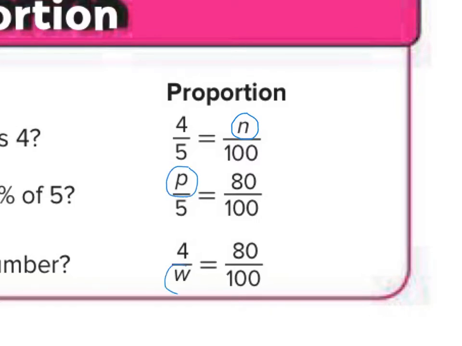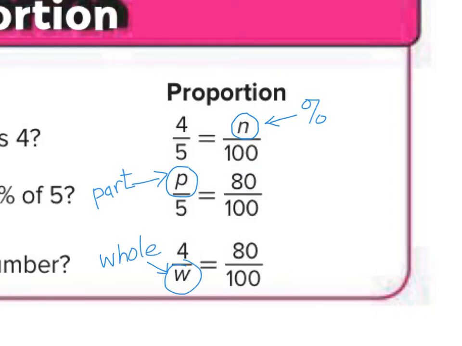So in each of these problems, when we were trying to find the percent, we didn't know what was supposed to go there. We put a variable there. And when we're trying to find the part, when we don't know that, we put a variable there. And when we're trying to find the whole, we don't know that. We're trying to find that number that goes on the bottom there for the whole.